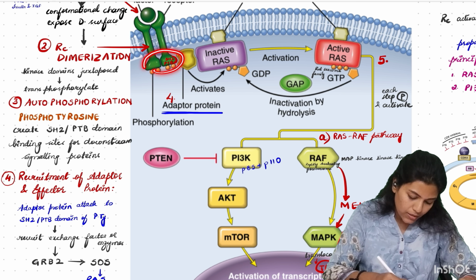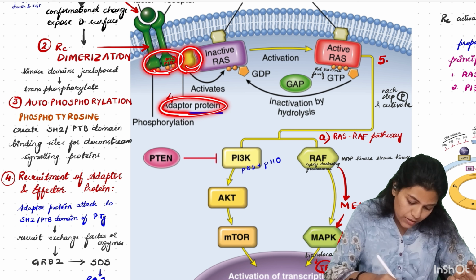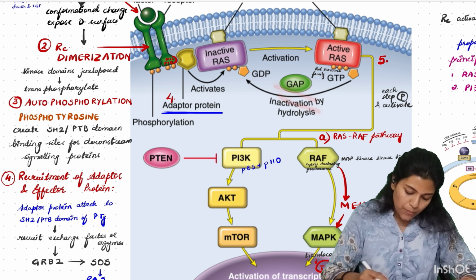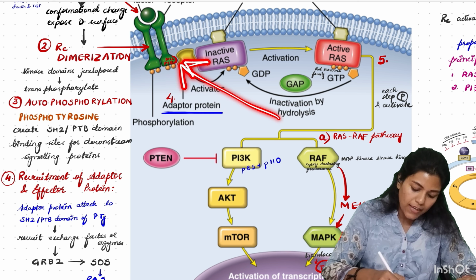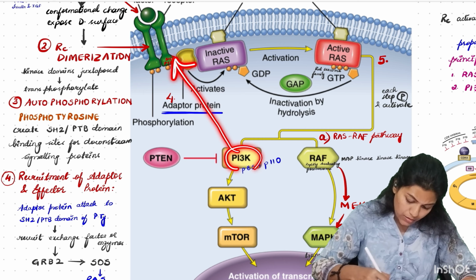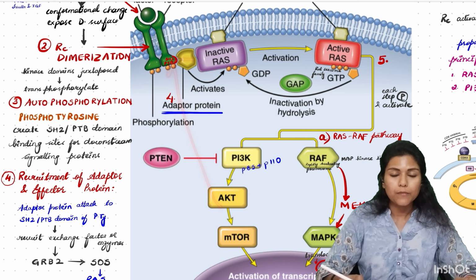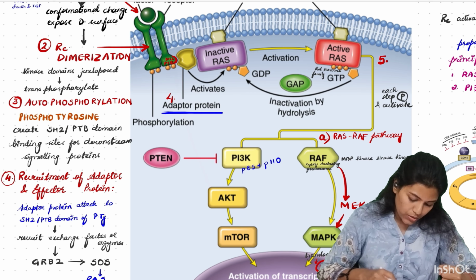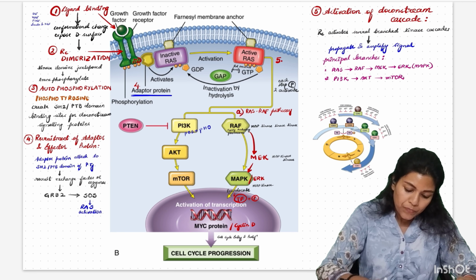Once the receptor is autophosphorylated, other adapter proteins, this is an adapter protein here, get recruited, and many other effector proteins get recruited towards this activated receptor, like PI3K and AKT. In that way, the activated receptor will recruit adapter and effector proteins.